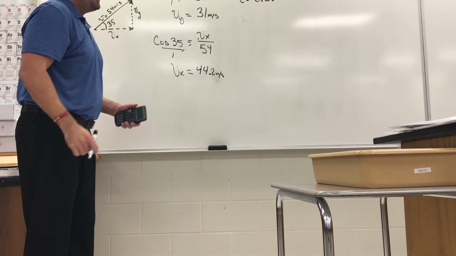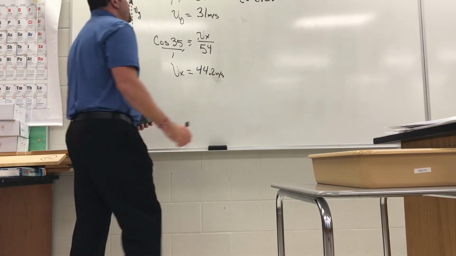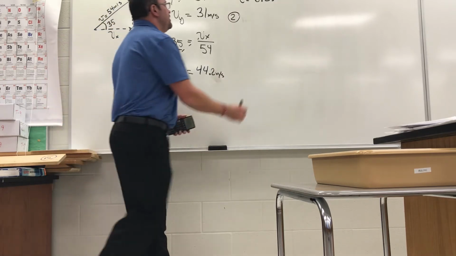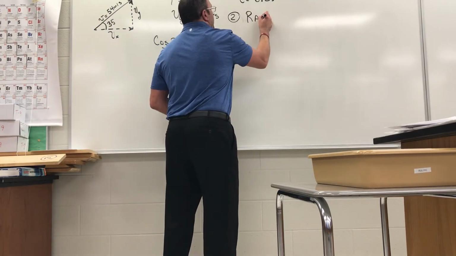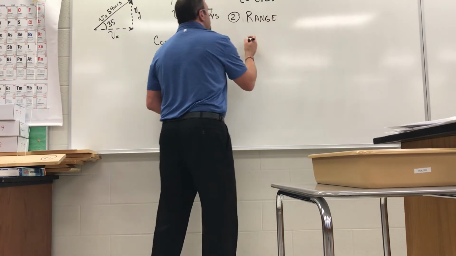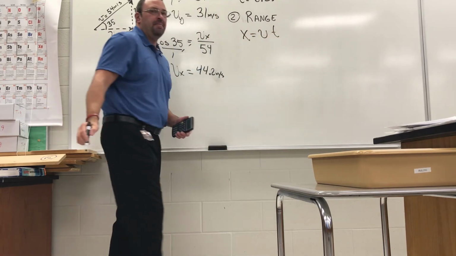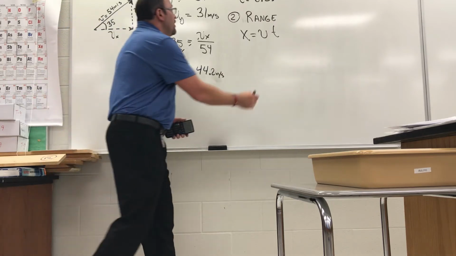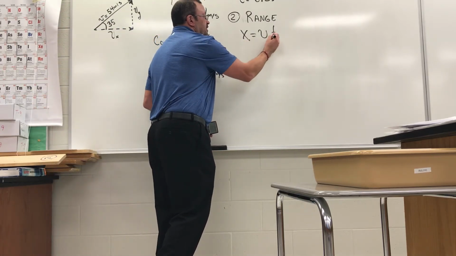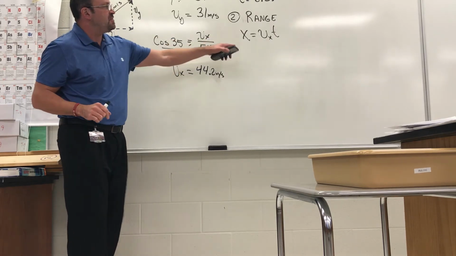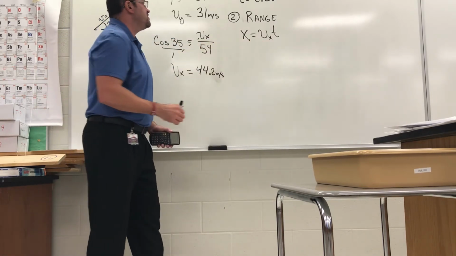Okay. Second question is always going to be, how far did it go? So I want the, let's call it range, how far it goes. And we said we always use x equals velocity times time. We want to know how far over it goes. I better use the over component. Okay, I want the horizontal distance, therefore I use the horizontal speed and the time I just came up with.